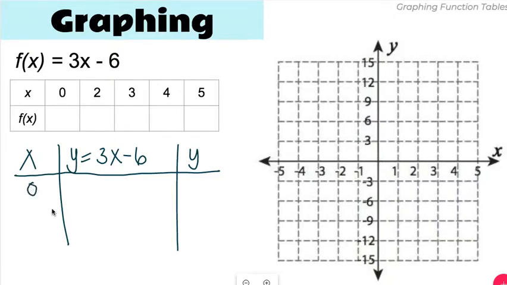So our first x is 0. We'll go ahead and substitute the 0 in for the x. Simplify, we do our multiplication first. I get 0 minus 6. 0 minus 6 is negative 6.